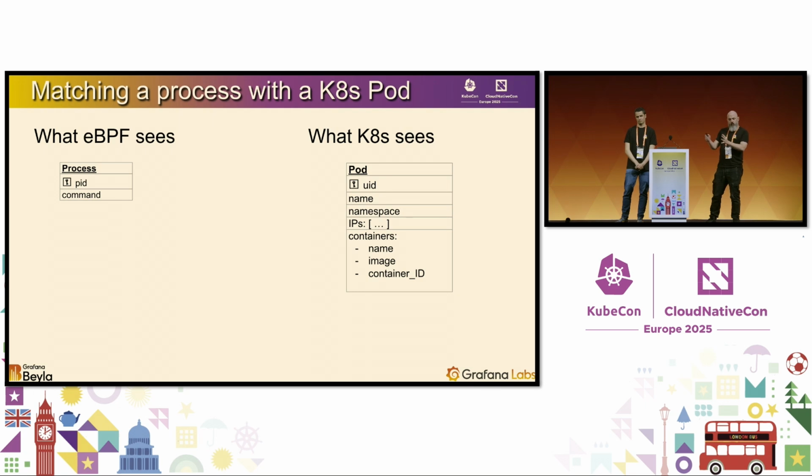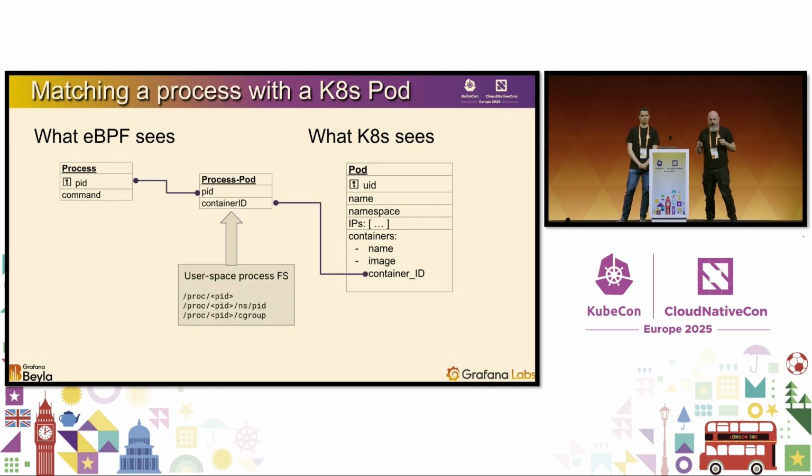But in Kubernetes, we want to see the name, the namespace, and all of this stuff. Thankfully, thanks to the process file system, we can go with the PID and fetch specifically the cgroup. And with the cgroup, we are able to relate, thanks to the container ID, the process information with the pod.